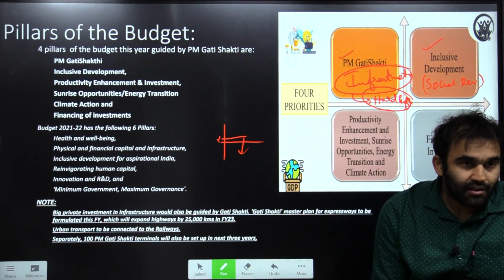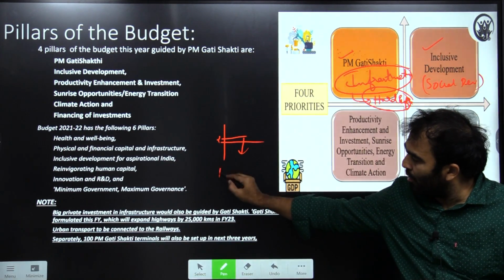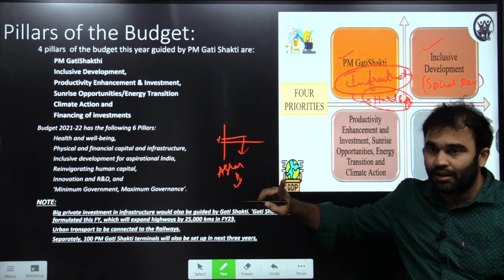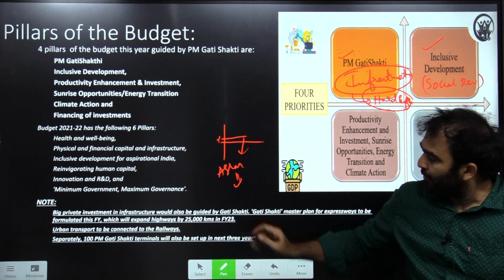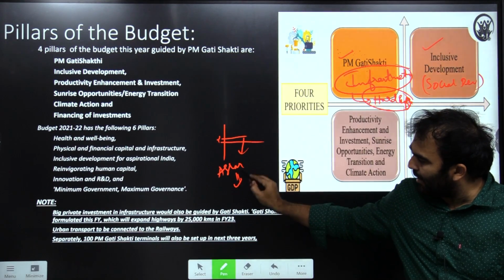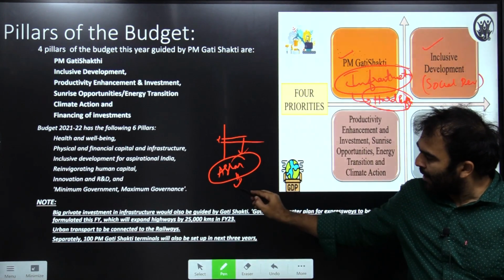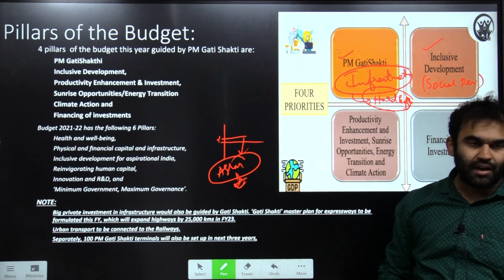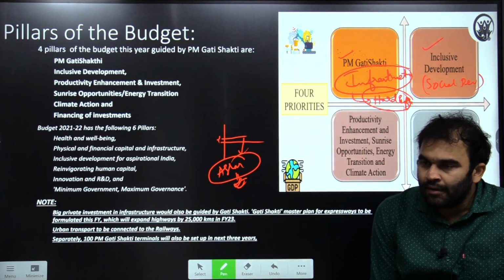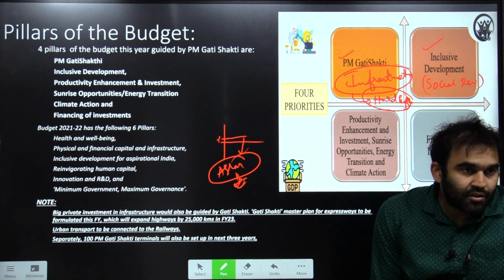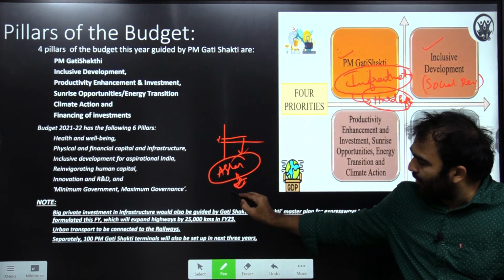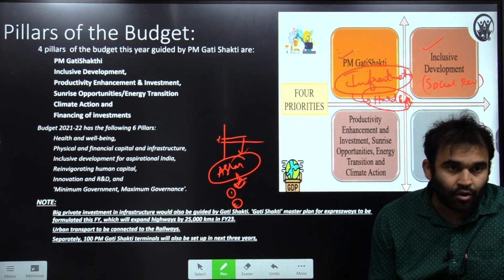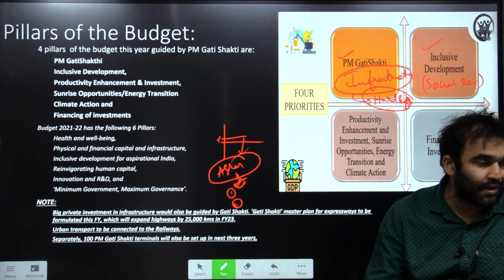Ours is an agrarian country, right? Ours is still an agrarian country in terms of dependency, not in terms of economic share. In terms of dependency, it's still an agrarian society. And these are the surveys done by the Government of India and also the National Sample Survey Organization. There are 2 reasons why our agrarian society, our rural economy, is being hurt.